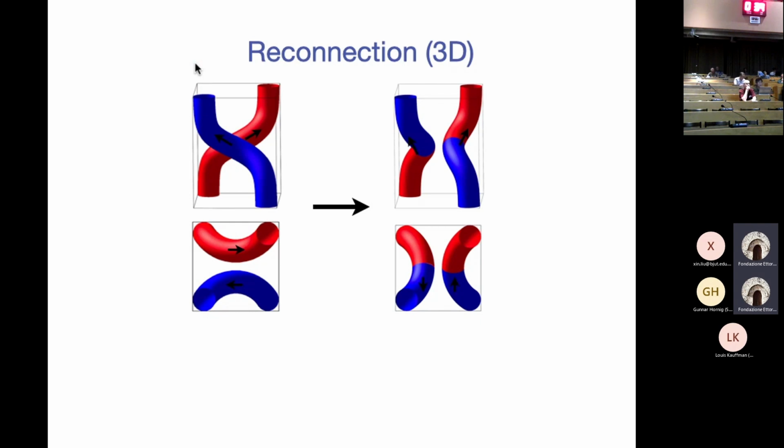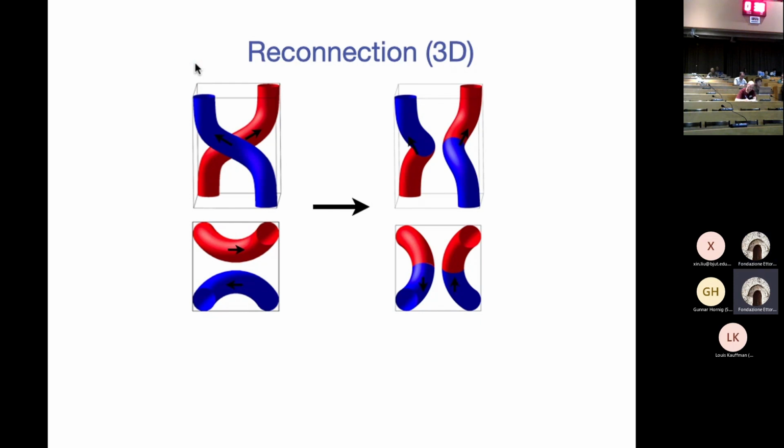And now I have to disappoint all the topologists in this room, because the reconnection which is happening here is not of the simple surgery type. It's what I call 3D reconnection.